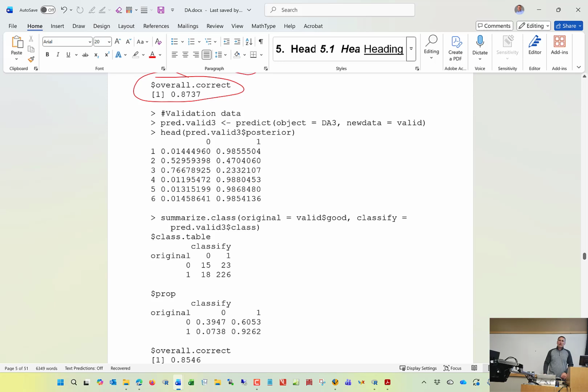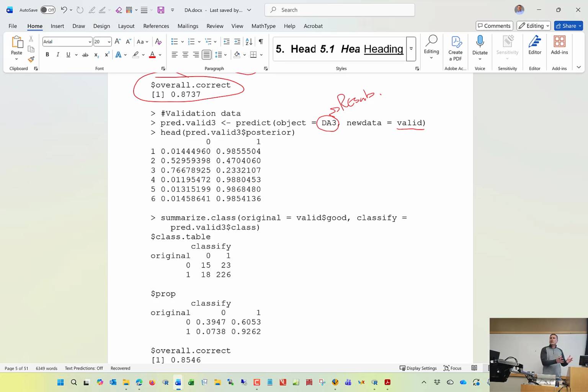Next, let's go to the validation data. Note, I'm using DA3 here. This is from using resubstitution. In order to predict for the validation data, this is important, you have to use the results from LDA when using resubstitution.